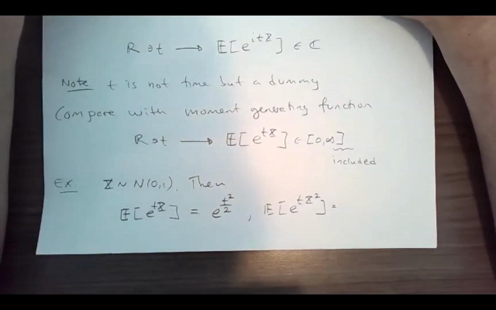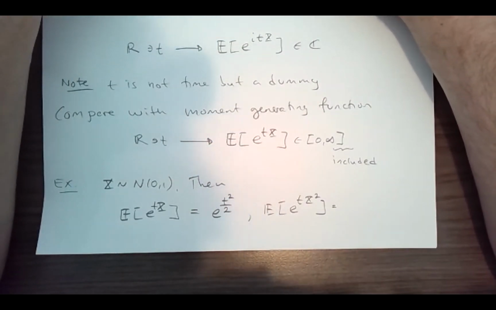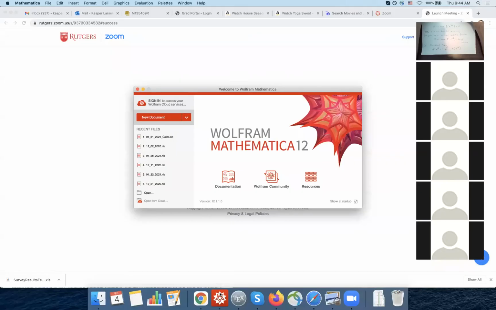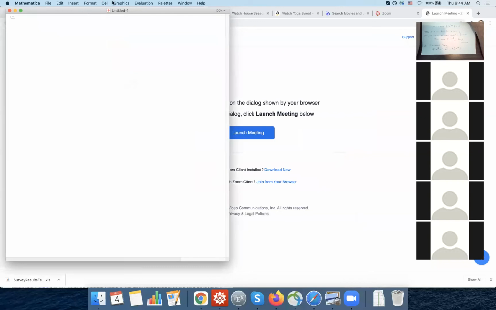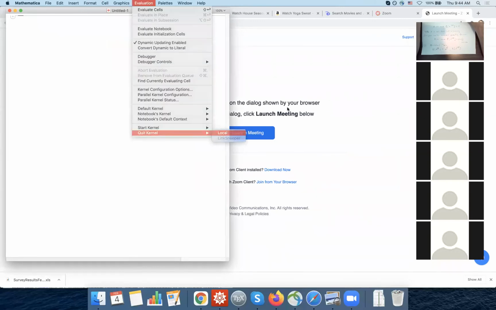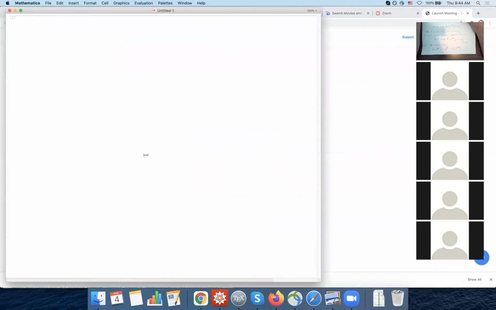Maybe I can just cheat a little bit, share my screen, and try to do it in Mathematica. I'm hoping everybody can see my Mathematica screen now. I'm looking at a density equal to exponential of minus x squared divided by 2, divided by square root of 2 times pi.